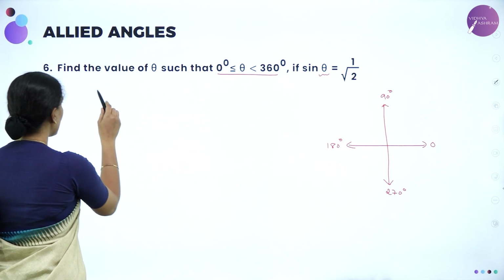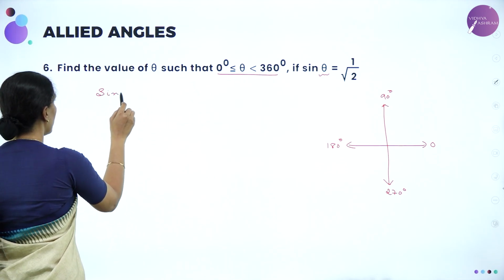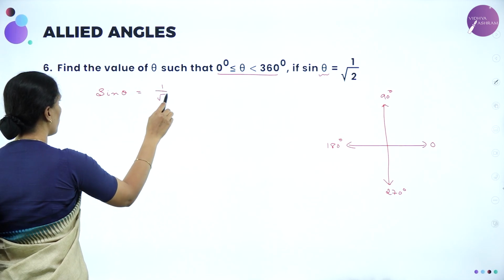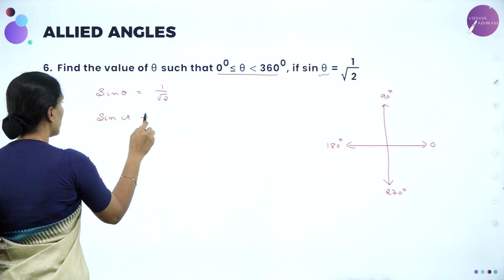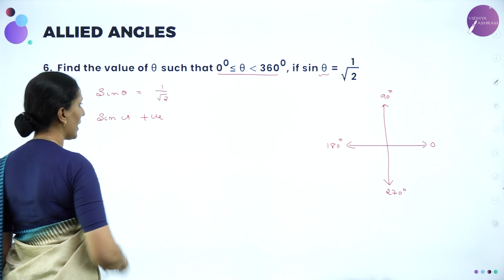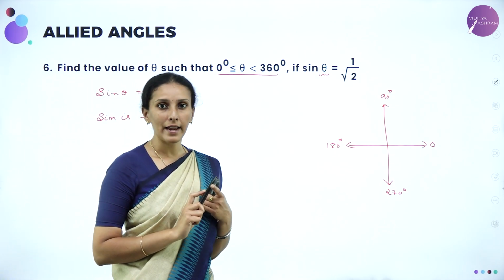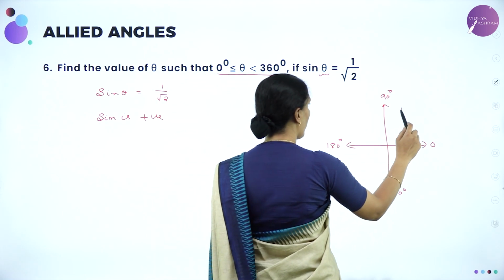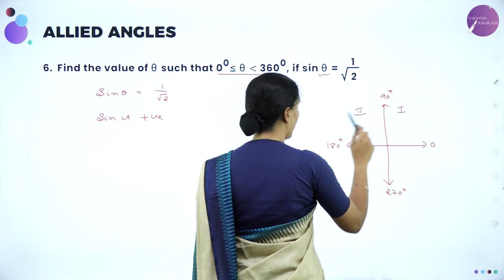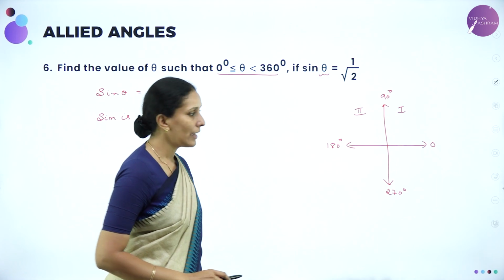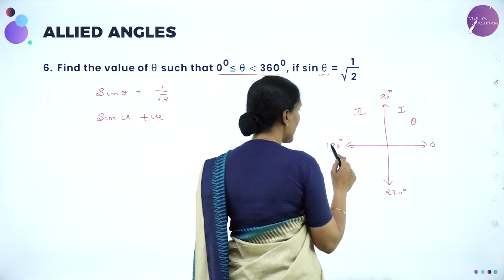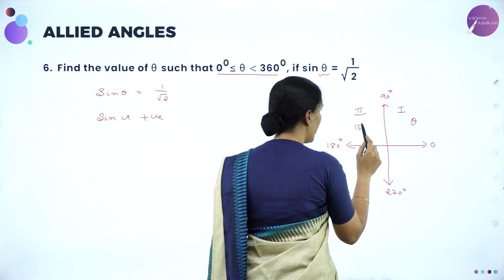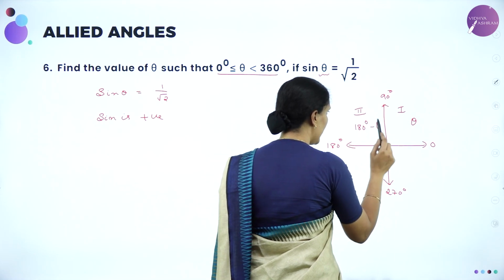Now given sine theta is equal to 1 by root 2. So here sine is positive. By looking at the value we can say it is positive. Where is sine positive? In the first quadrant and in the second quadrant. Any angle in the first quadrant can be written in the form of theta. Any angle in the second quadrant can be written in the form of 180 minus theta.